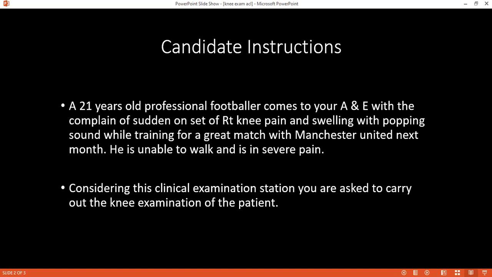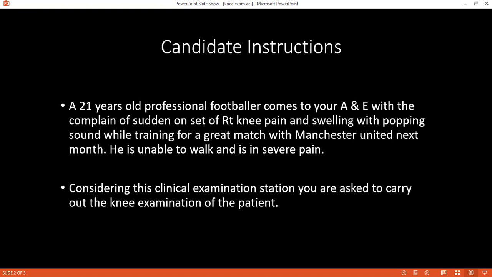A young footballer presented with a complaint of sudden pain in the right knee. On examination, he has a slight redness over his right knee joint and a slight swelling over the front of his knee joint. However, his movements are pain-free.